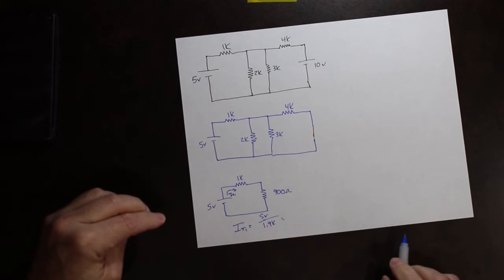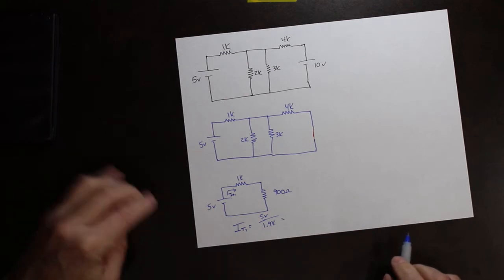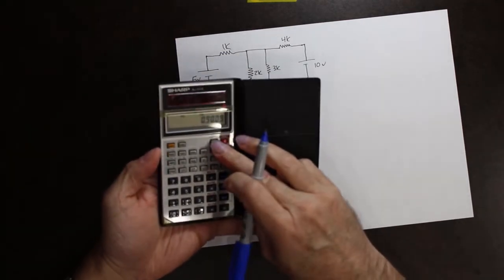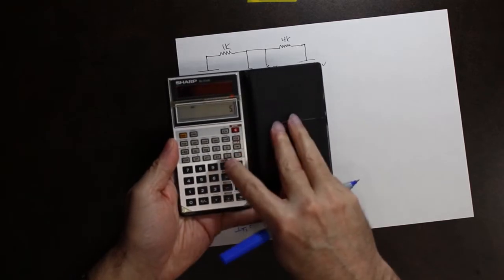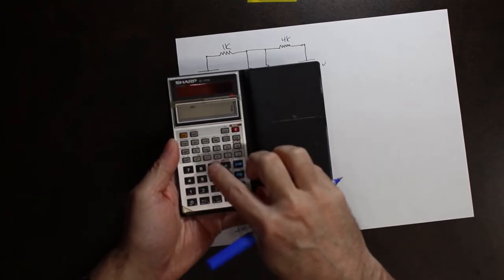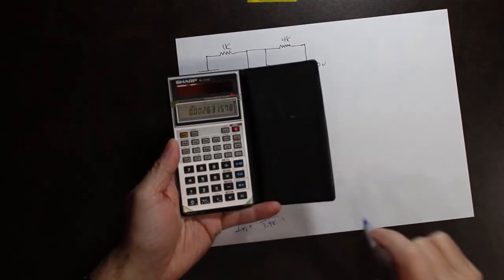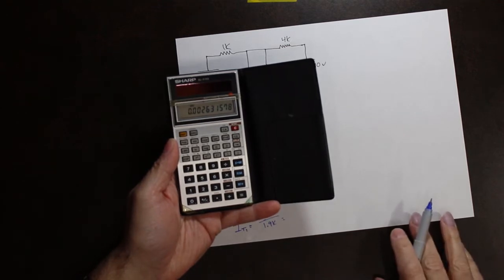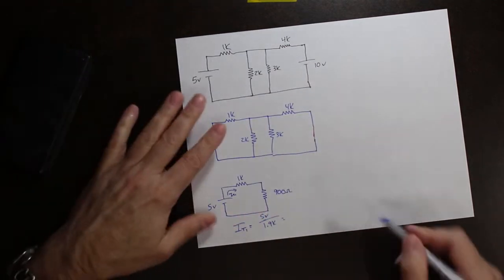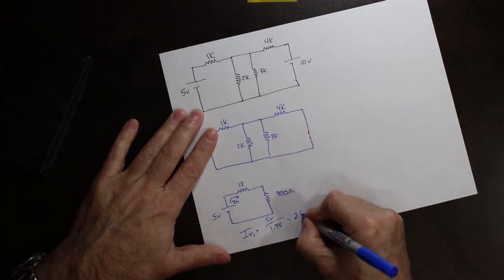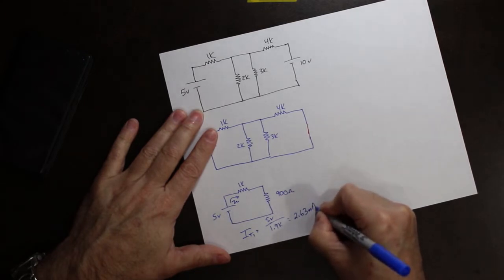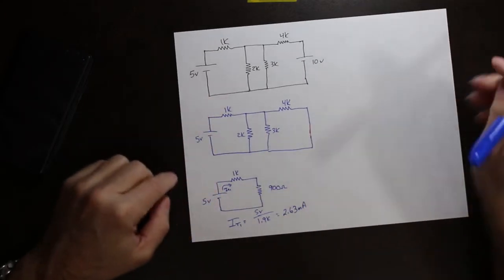So 5 divided by 1.9K. We'll grab our calculator. 5 divided by 1.9K is 2.63 milliamps. So that's the current.